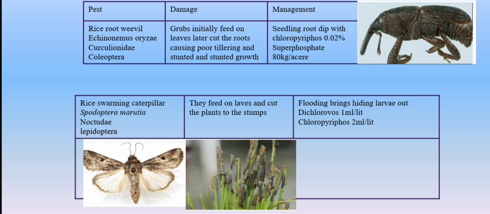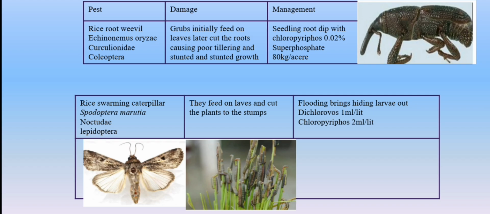Grubs of these weevils initially feed on the leaves, later cut the roots, causing poor tillering of the plant and stunted growth of the plant. And in order to manage this rice root weevil, we can do the seedling root tip method with chlorpyrifos 0.02%, or you can apply superphosphate at the rate of 80 kg per acre.